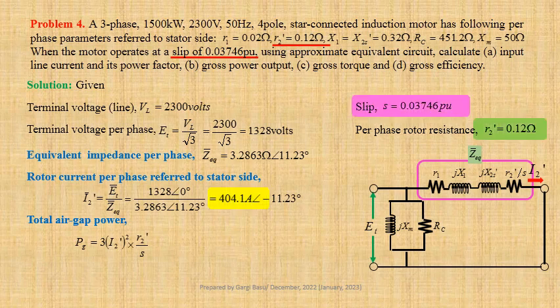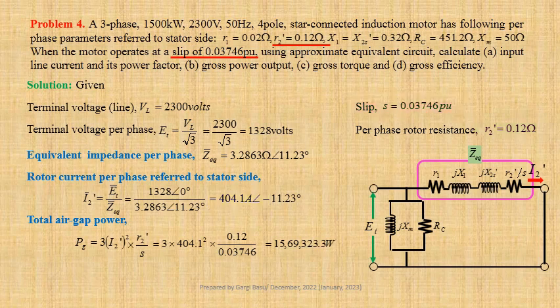Therefore, PG equals 3 into 404.1 square into 0.12 by 0.03746, that is equal to 15,69,323.3 watt. Expression for total gross power output PM equals (1 minus S) times PG.